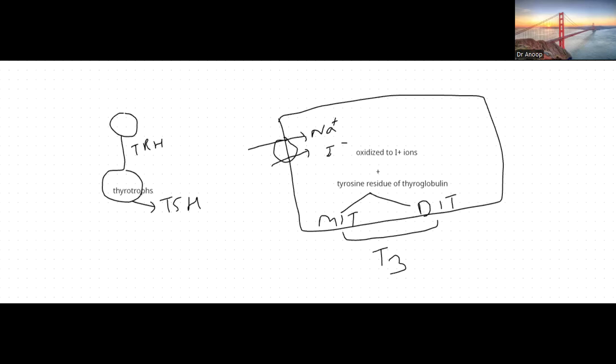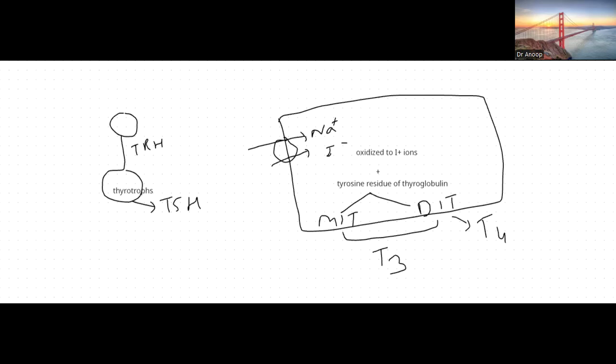And when two DITs combine, then it makes the T4 hormone, tetraiodo, right? So T3 when MIT combines with DIT, and when two DIT molecules combine together, it will make T4, right? And this reaction we call coupling.